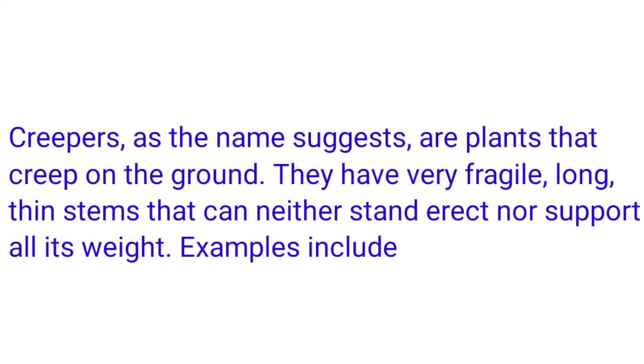Let's come to know about creepers. Creepers, as the name suggests, are the plants that creep on the ground. They have very fragile, long, thin stems that can neither stand erect nor support all their weight.